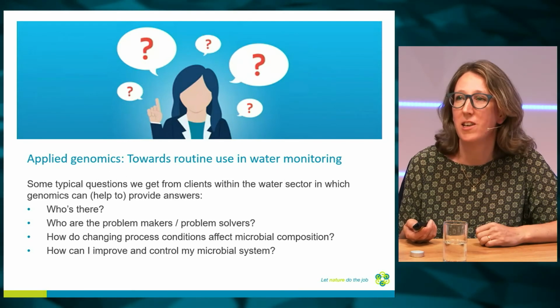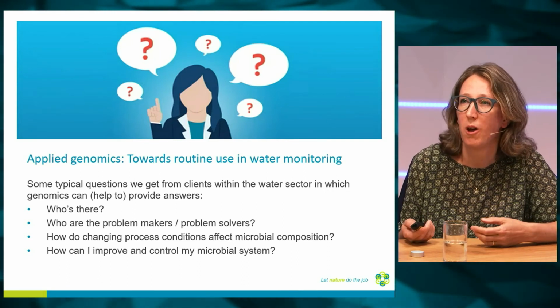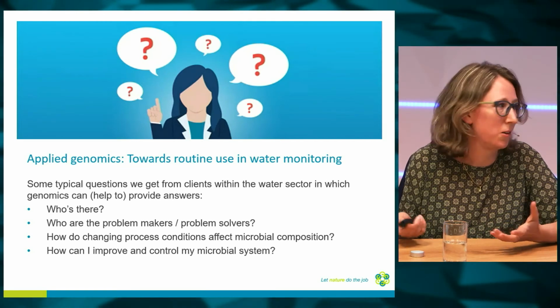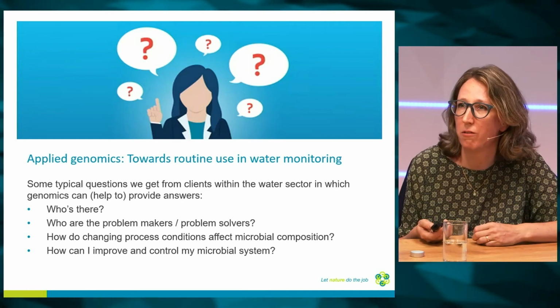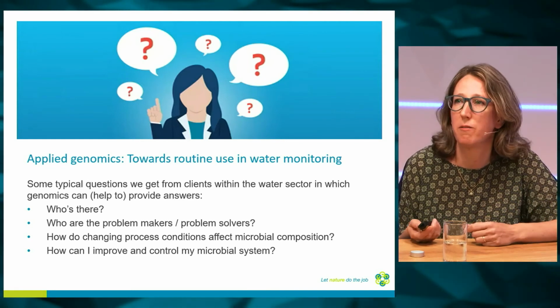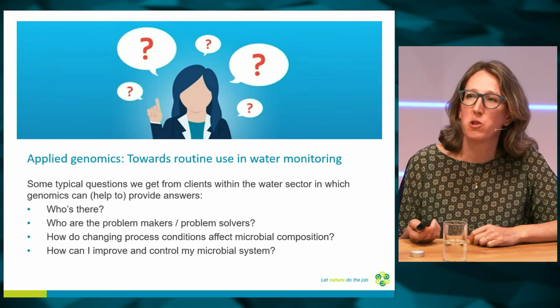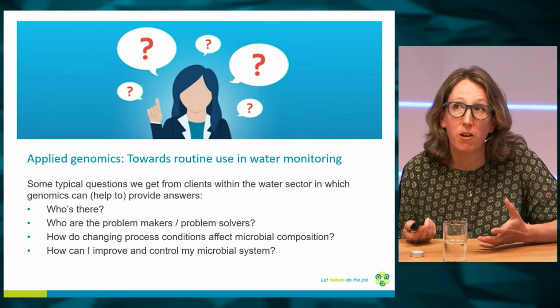Sometimes it's really easy. It's who's there, so which bacteria or microorganisms are in my sample. That's, I suppose, relatively easy. We sequence them and we give them an interactive file that shows them to a genus level who's there. But then often, of course, the next question is, are these good bacteria? Are they bad bacteria?